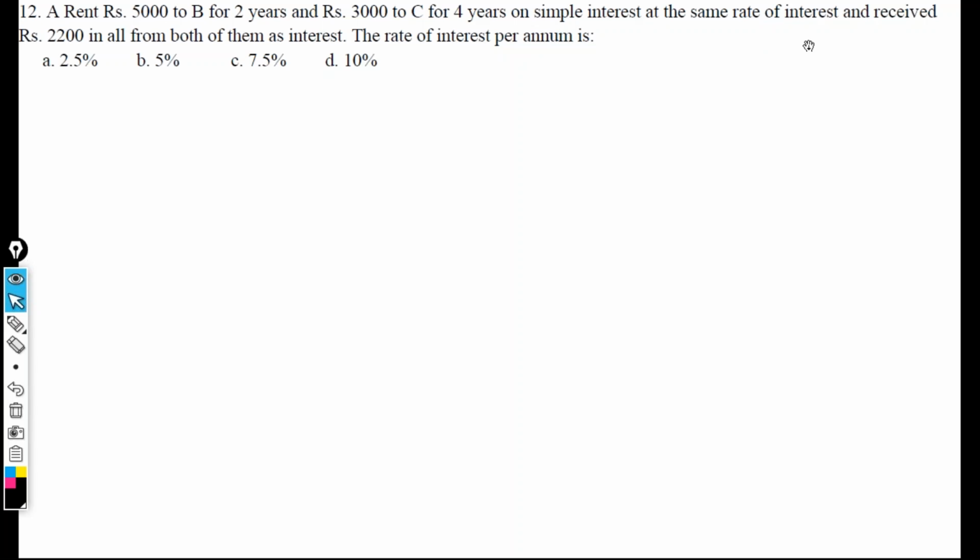Right, Shubham. Right, Madhu. Right, Rishabh.